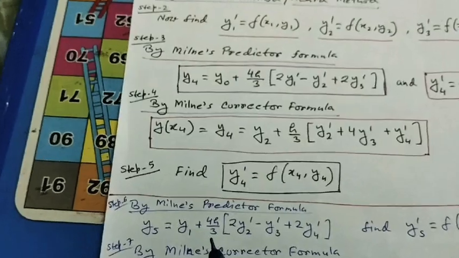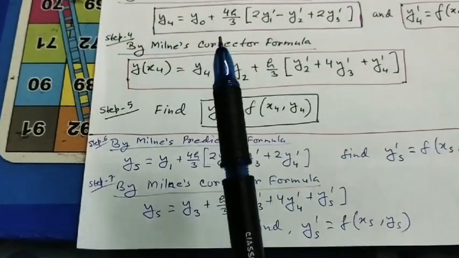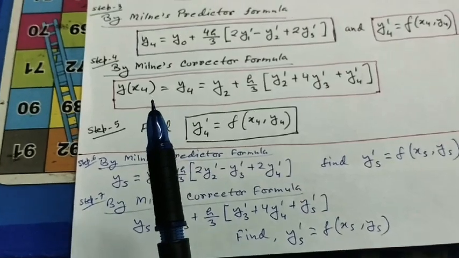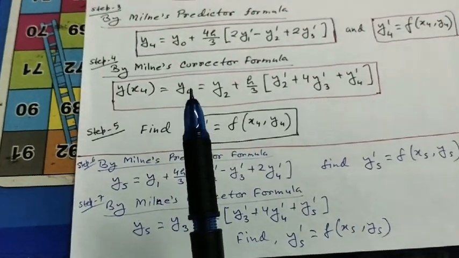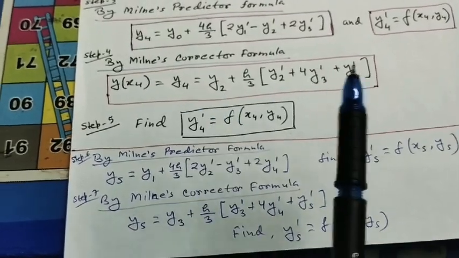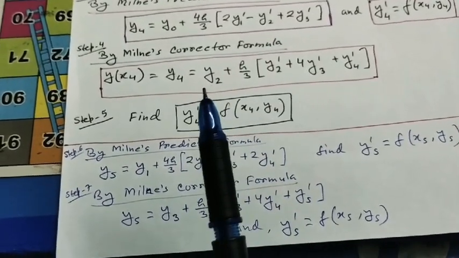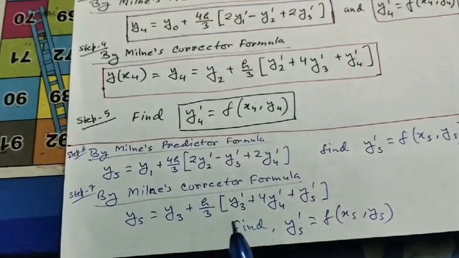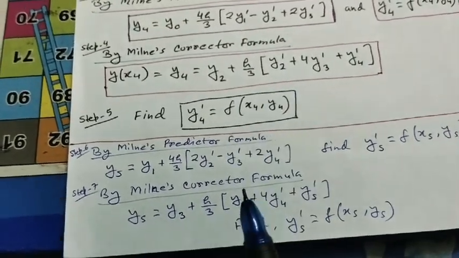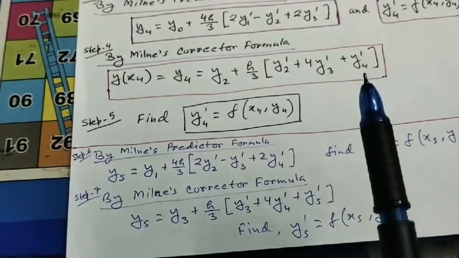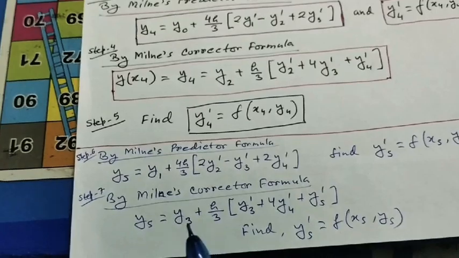Or you can remember it this way: after calculating the value of y4 by the corrector formula, just increase the value of n by 1, so it becomes y5 equals y3 plus h by 3, where y2 becomes y3, y3 dash becomes y4 dash, and y4 dash becomes y5 dash in this formula.